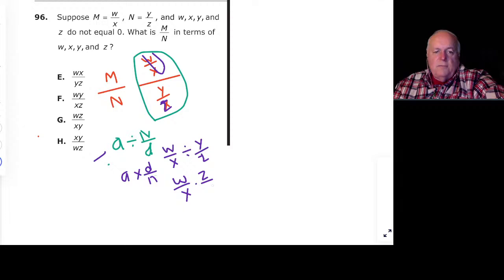And when two fractions are beside each other and being multiplied, we can just combine all the numerators: w times z over x times y, which would be G. So 96 is G.